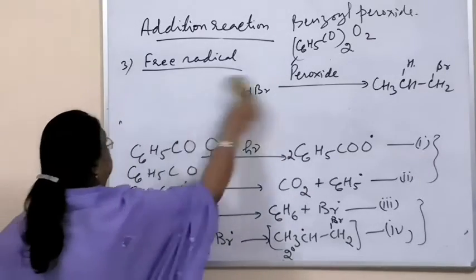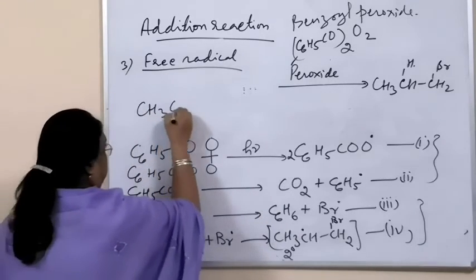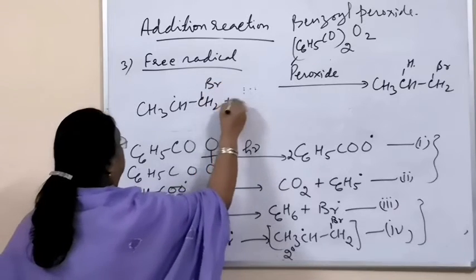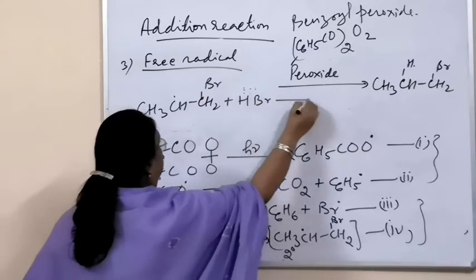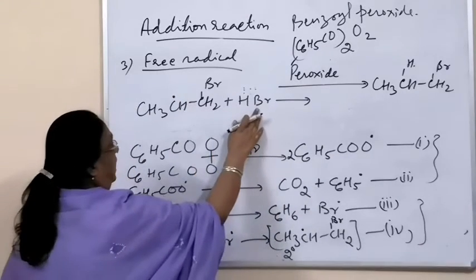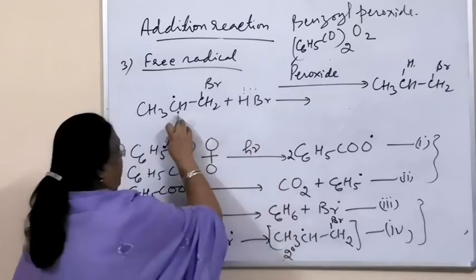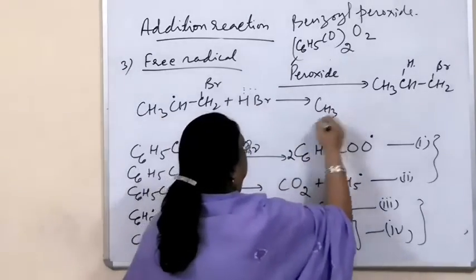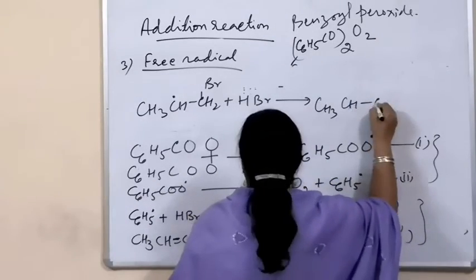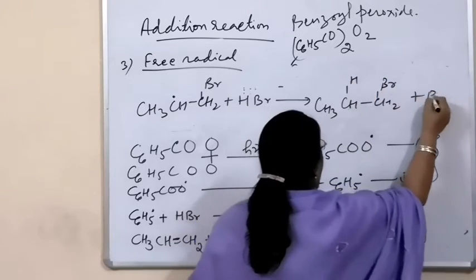So I write the next step: CH3 CH dot CH2Br will be attacking HBr. Because of this free radical, HBr will break homolytically. We'll have H dot, Br dot, H dot will combine here, and we will have CH3, CH, CH2, Br and H, and Br dot out.